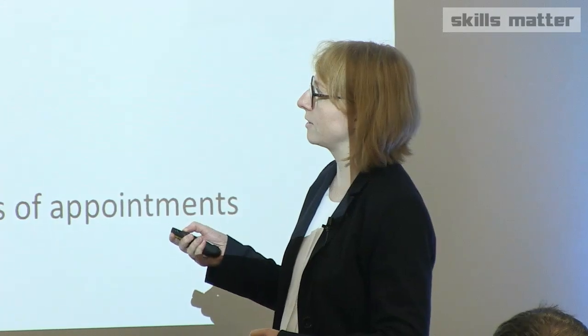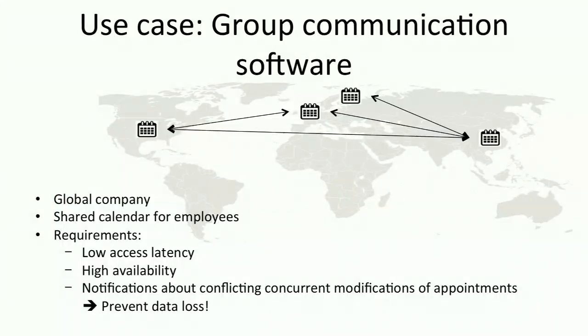You have employees in America, in Europe, in Asia. What you want to make sure is wherever they are positioned, they access their data with low latency. The application should be highly available, so as little downtime as possible.